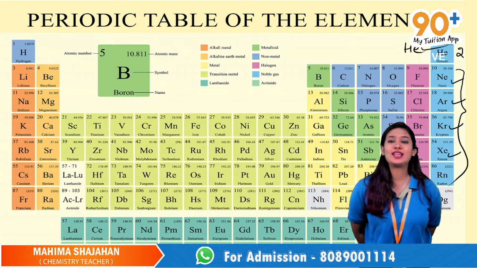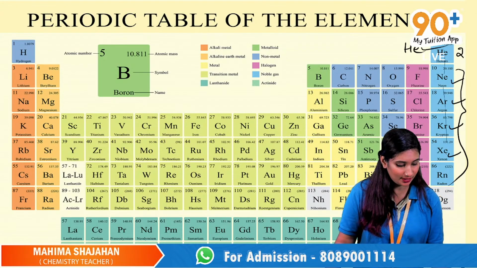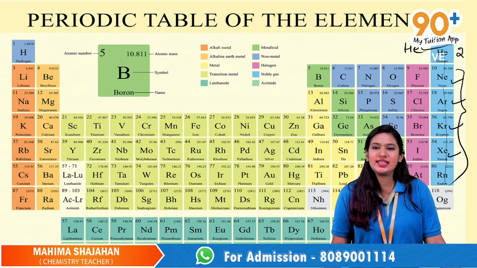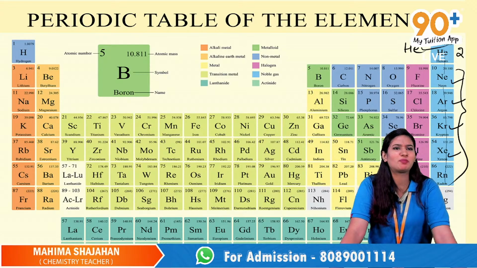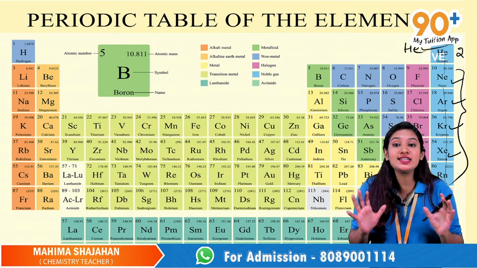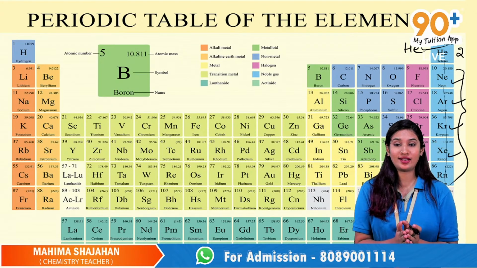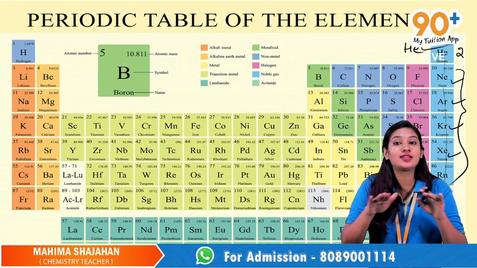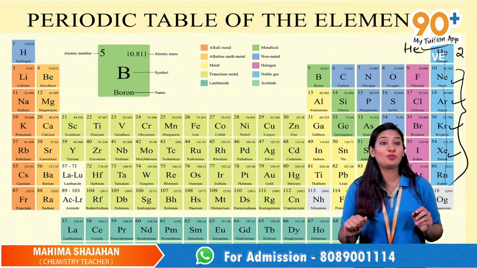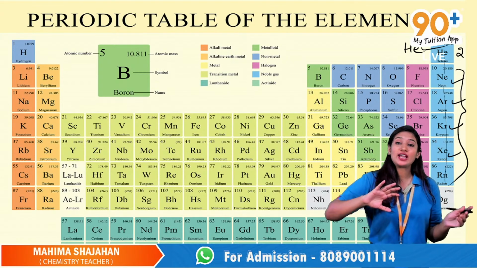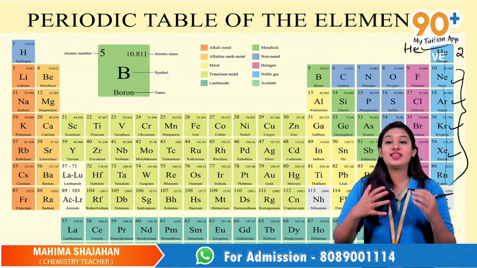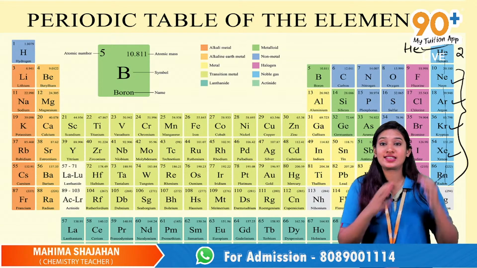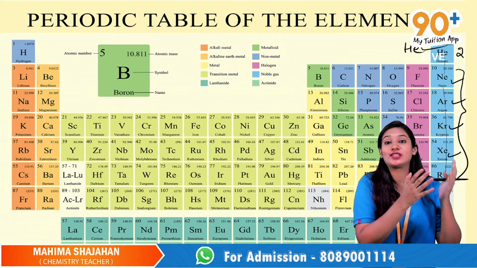And these 18 group elements, they are found to be chemically inactive. Okay, reactions they are not participating. Okay, why? Because when they have got 8 electrons in their outermost shell, they are found to be stable. So what other atoms are doing is that somehow they want to get the 8 electrons in their outermost shell.